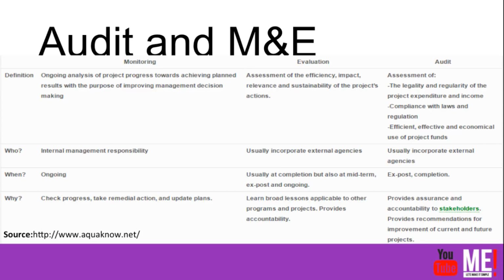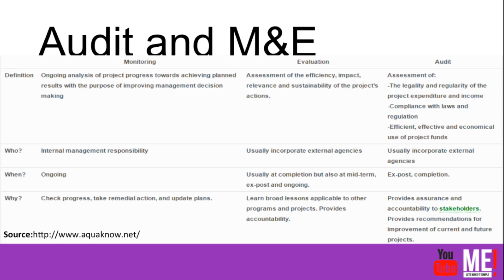But with monitoring and evaluation, that is not the case. You're simply trying to make sure that whatever activities are being conducted in a project are leading to the specific results that you had planned. And if that is not the case, the question is why.